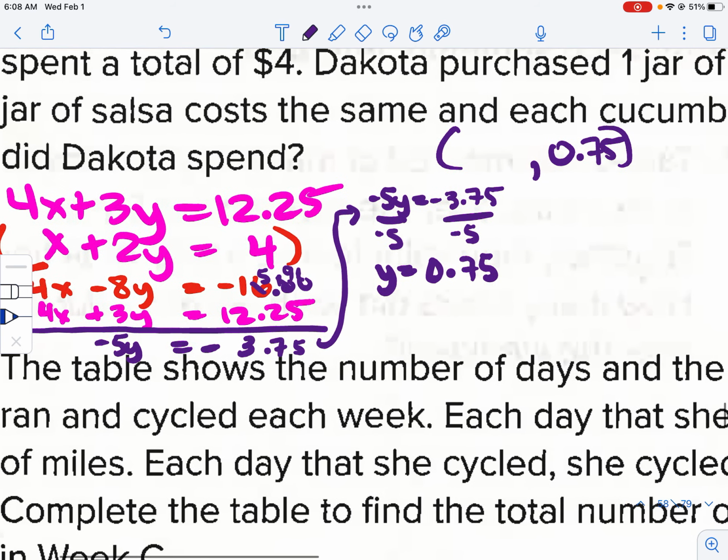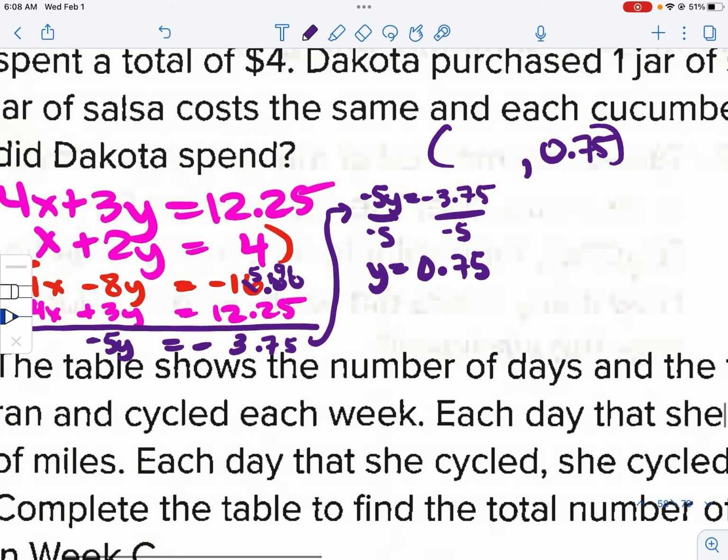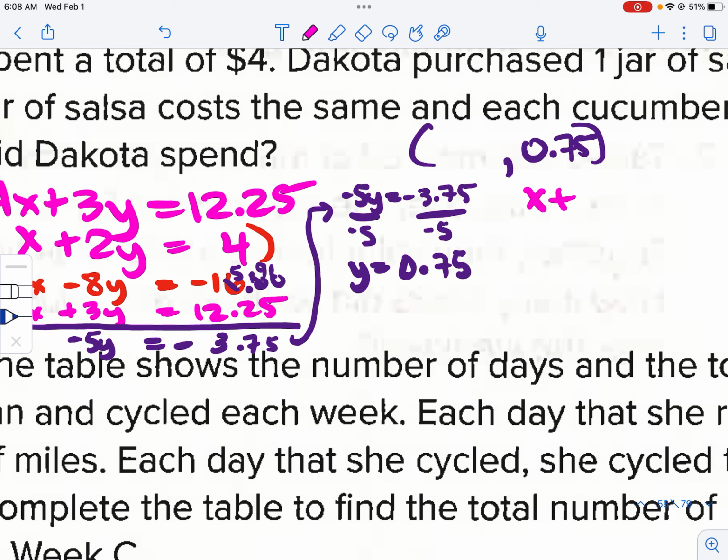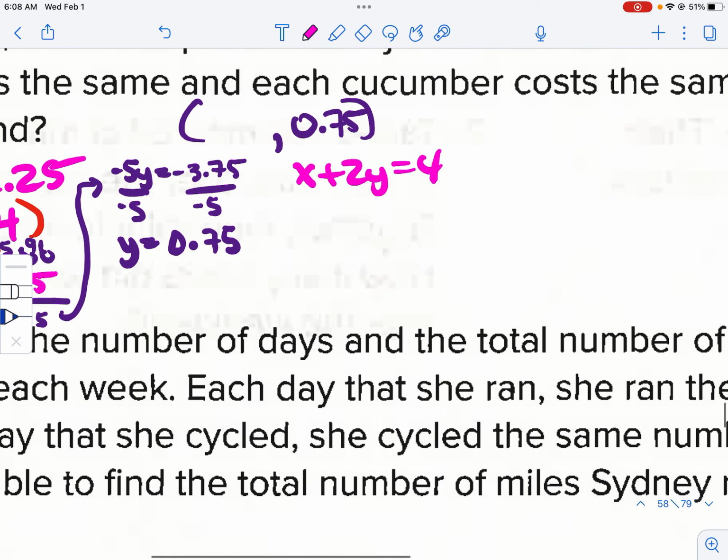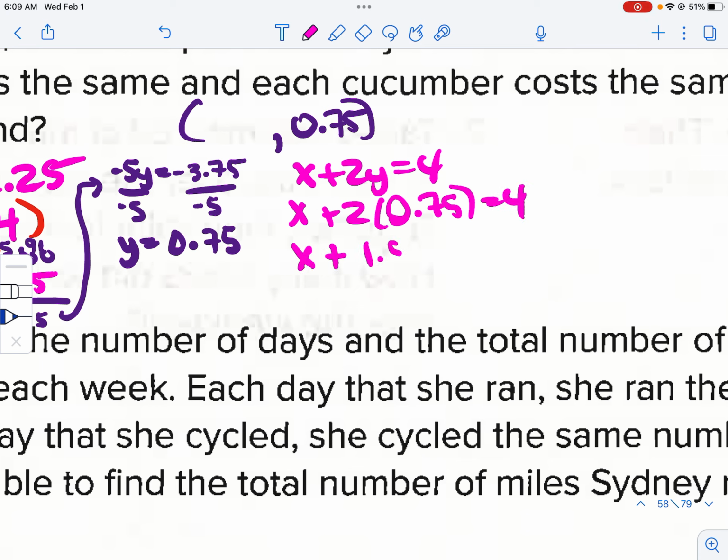Now let's find x. So I'm going to use the second equation. So x plus 2y equals 4. So x plus 2 times 0.75 equals 4. x plus $1.50 equals 4.